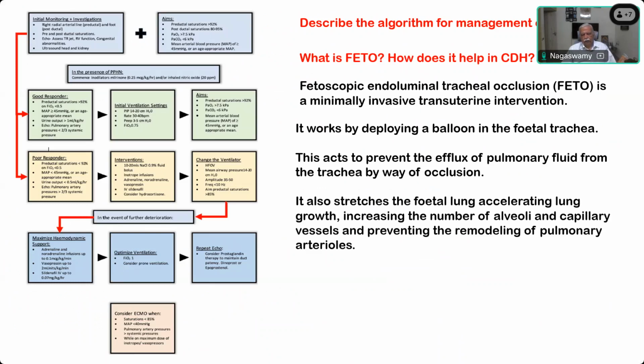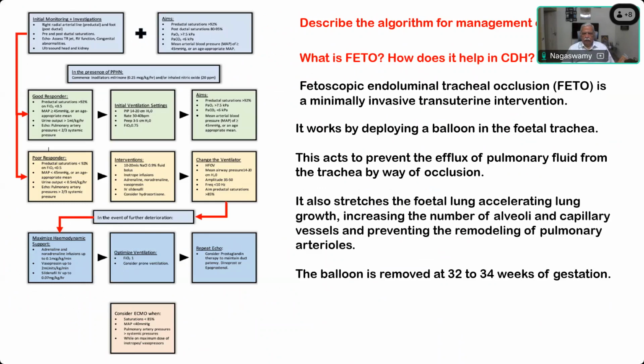If you detect it, nowadays it can be detected by ultrasound, in the very early stages, as early as the first trimester. Once you do this procedure, it will stretch the lung and help in its growth and remodeling of the pulmonary arterioles, and prevent pulmonary hypertension development.